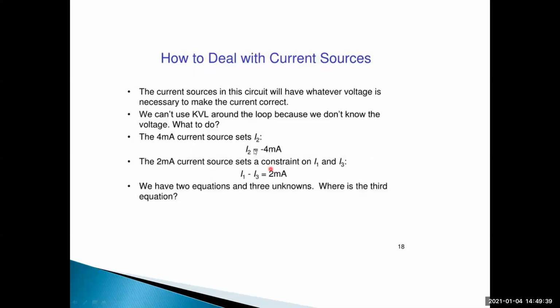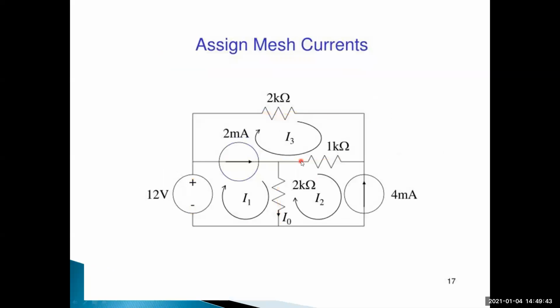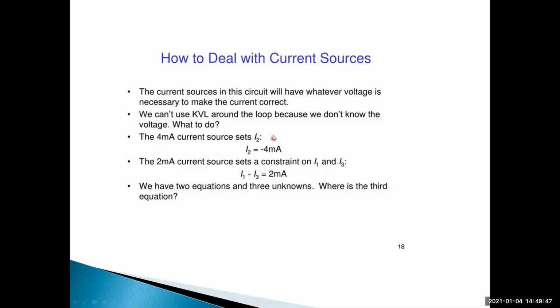And then, how to deal with the current sources. This is the concept. The current sources in the circuit will have whatever the voltage is necessary to make the current correct.